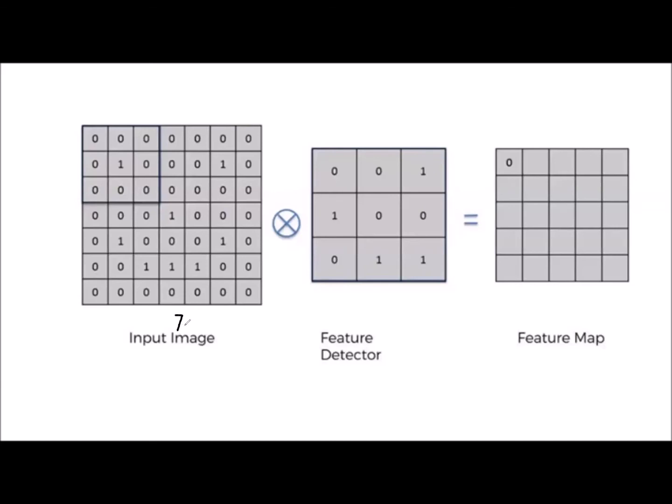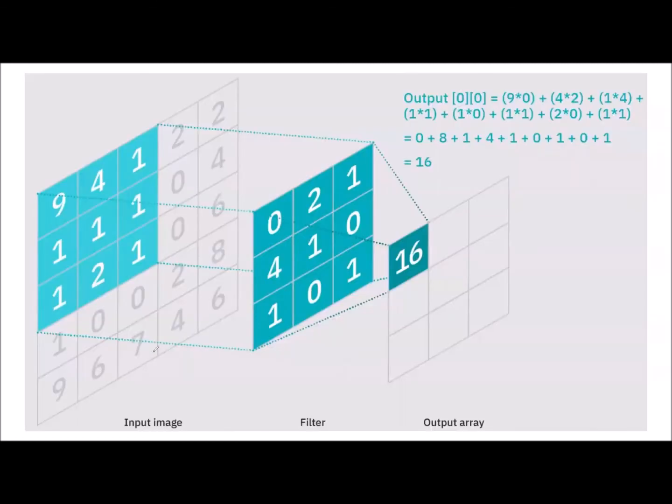This time the input image size is 7 by 7, and the filter or kernel size is 3 by 3. The feature map matrix size is 7 minus 3 plus 1, so this is 5 by 5. Now we have considered an input image 5 by 5, and a filter of 3 by 3.